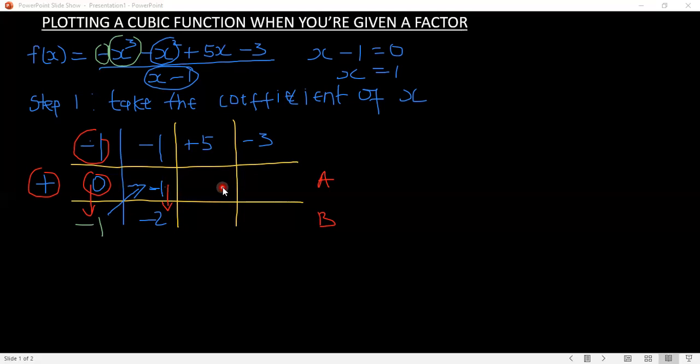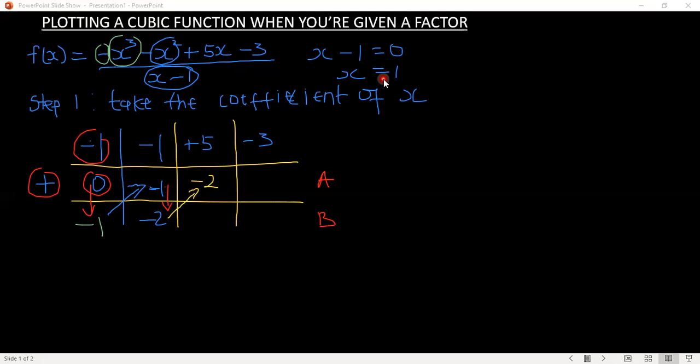Then from here to here, we multiply by our x value. We're going to take this one and multiply it by our x value, which is +1. So it will be -2 times +1. Then the answer is what? It's negative. We get -2 here.